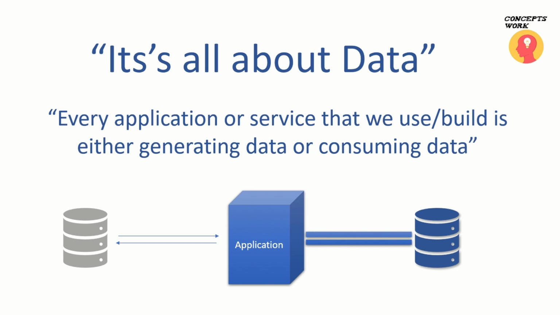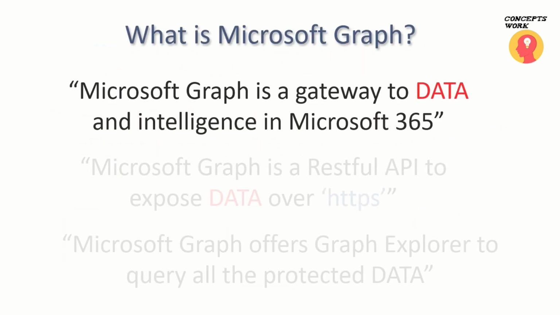This is the first line which you will read when you try to read the documentation regarding Microsoft Graph, but I will explain what exactly they mean by this. Okay, so when you go and read Microsoft Graph documentation, the first statement which is mentioned is Microsoft Graph is a gateway to data and intelligence in M365.